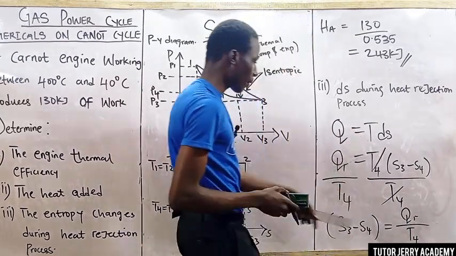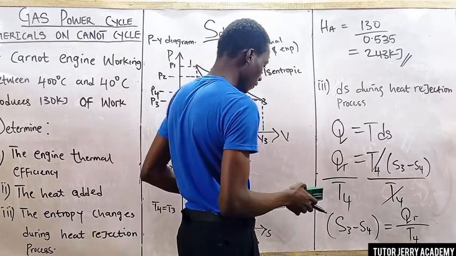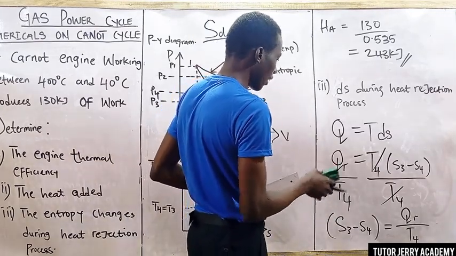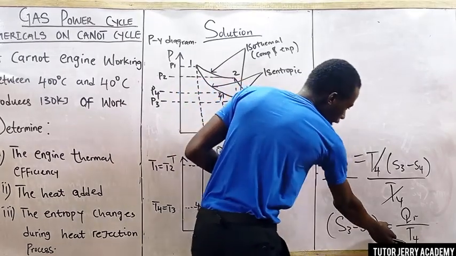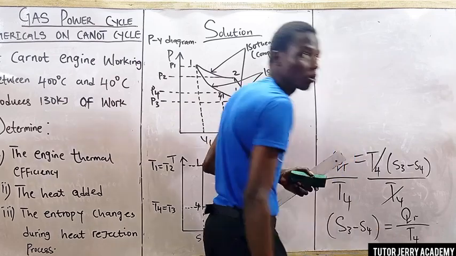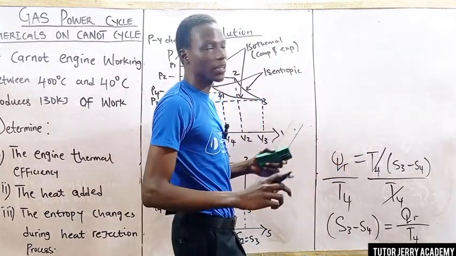So what do I do? I'm going to be substituting my values. I have the value for T4, but we don't know our value for Q_R, which is our heat rejection.